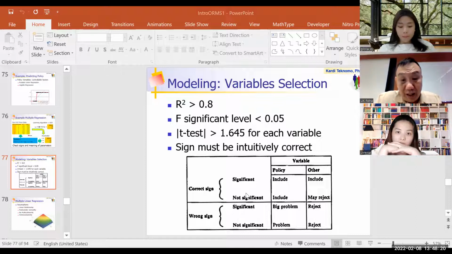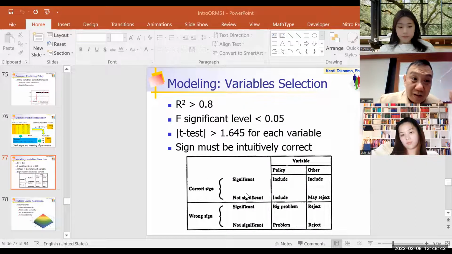But what will happen if the sign is correct, it is a policy variable, but the t-test says this is not significant, meaning the absolute value of t is less than 1.645? Then you will say, well, if it is a policy variable, I will include it, but if it is another variable, I will just reject it. I will not include this variable in the model.